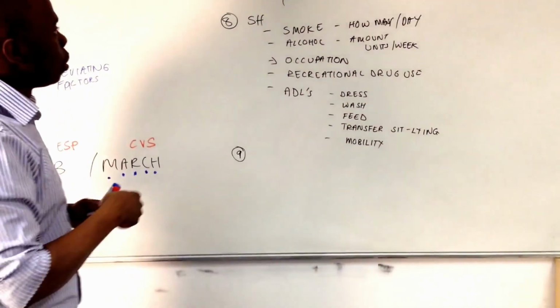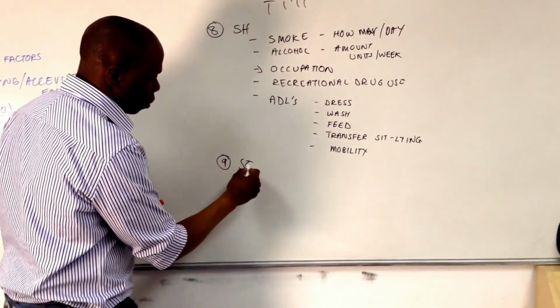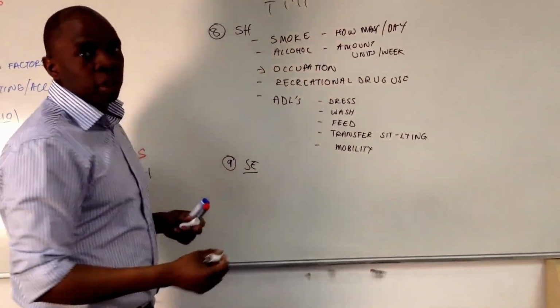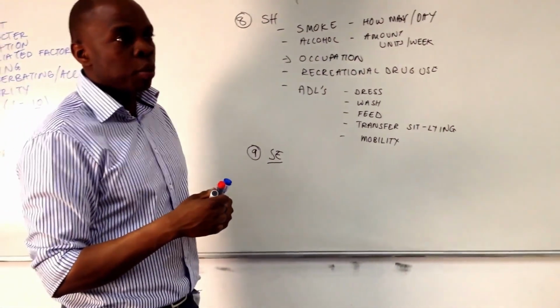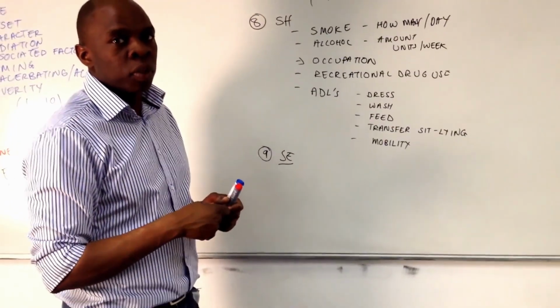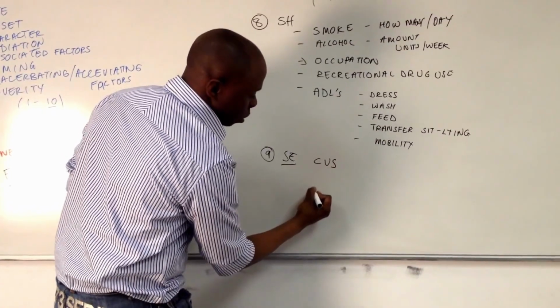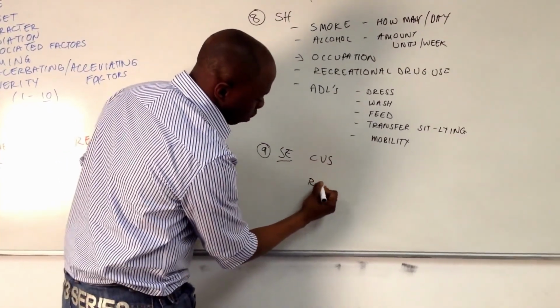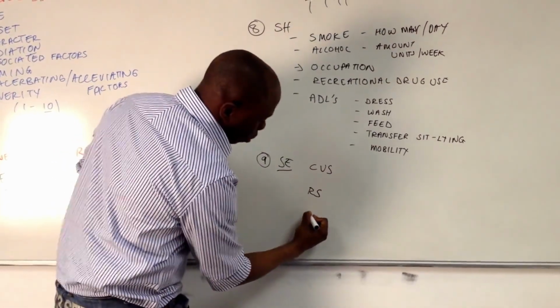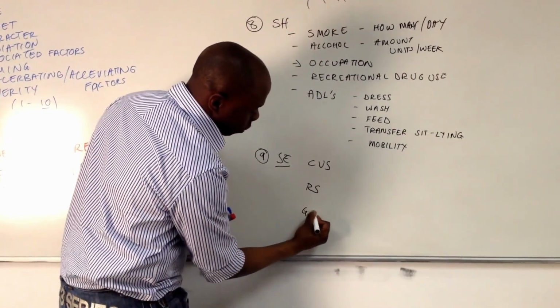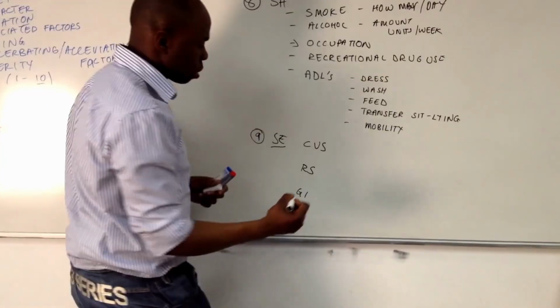Next, we're on to systemic inquiry. So systemic inquiry, we're talking about all the major body systems here. So the major body systems are CVS, which is cardiovascular, and the respiratory system. You're talking about your GI, which is gastrointestinal.